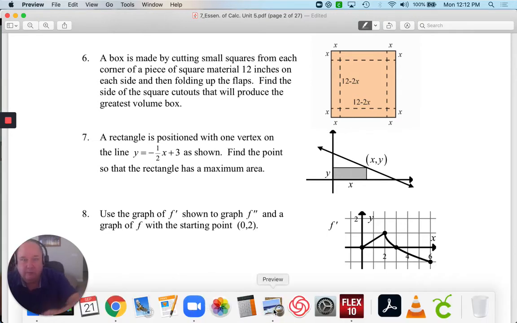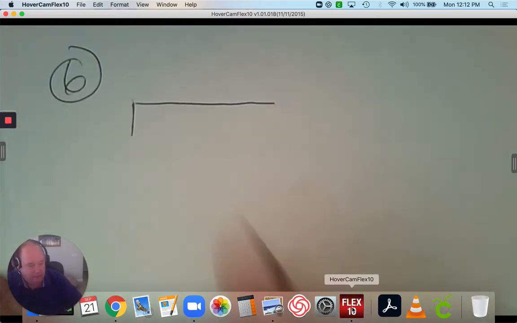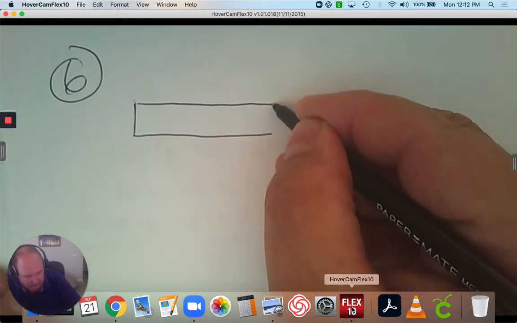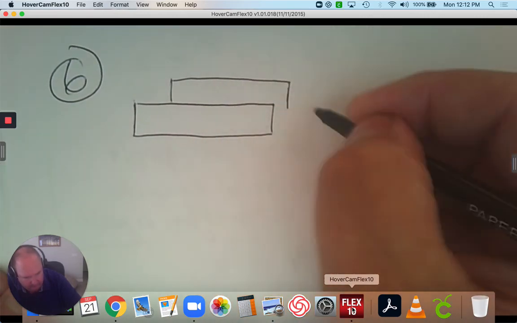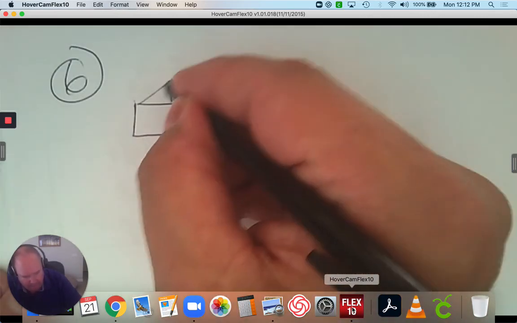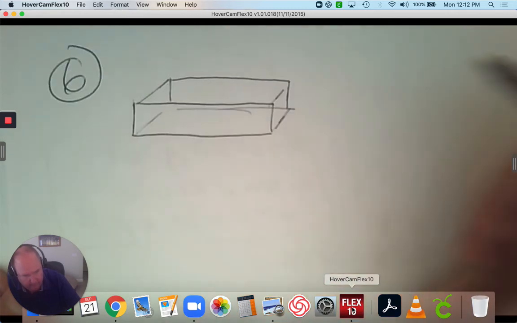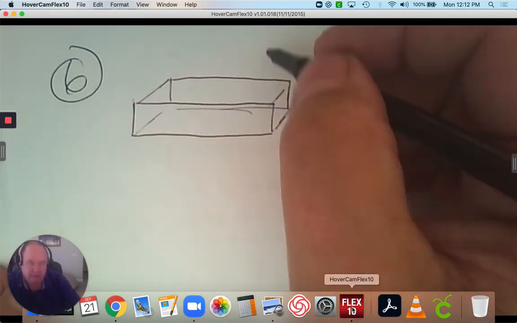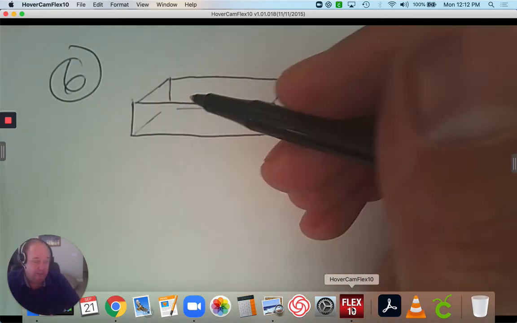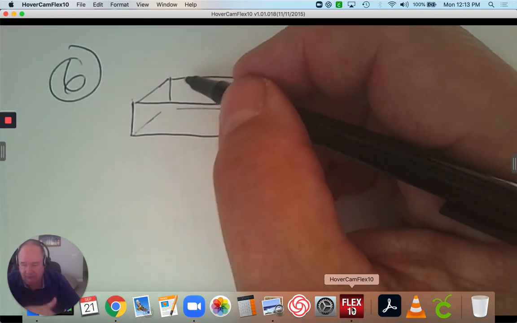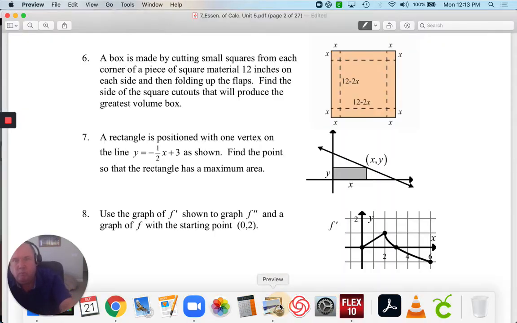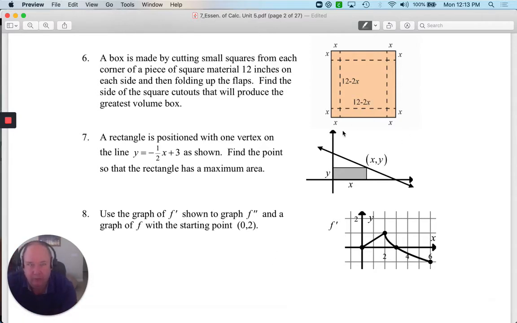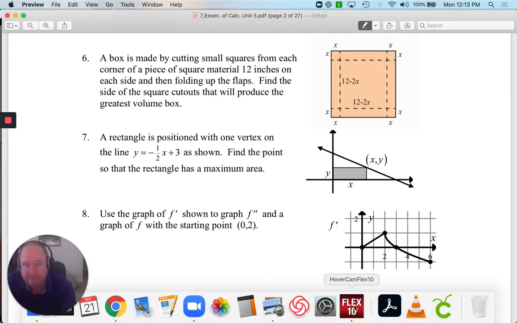So if I fold this up, that's what the box is going to look like. And notice the top doesn't have a top on it, right? Say no top. You just fold up the sides, so there's no top.